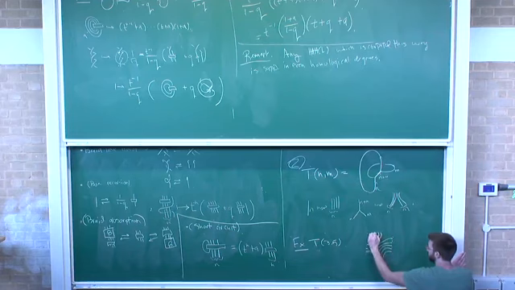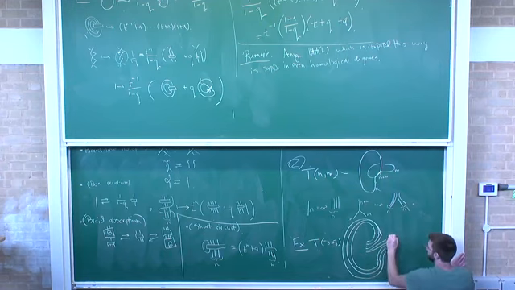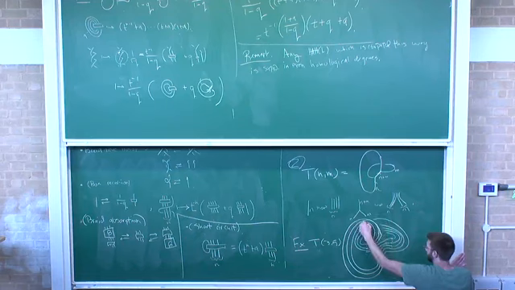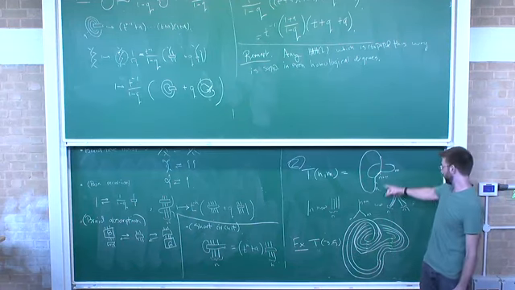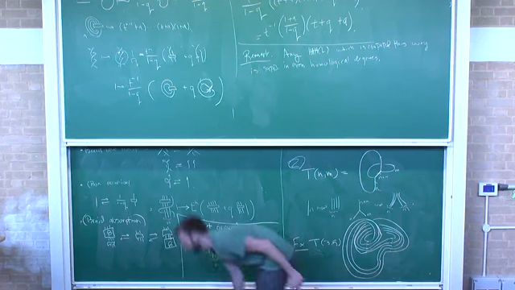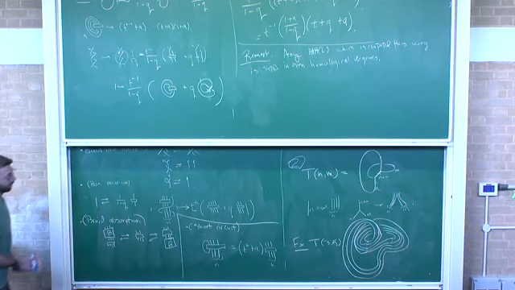And I would take these 3 strands and these 3 strands and connect them this way. Okay, and that's all this picture is indicating. I'm drawing the neighborhood of an embedded graph.